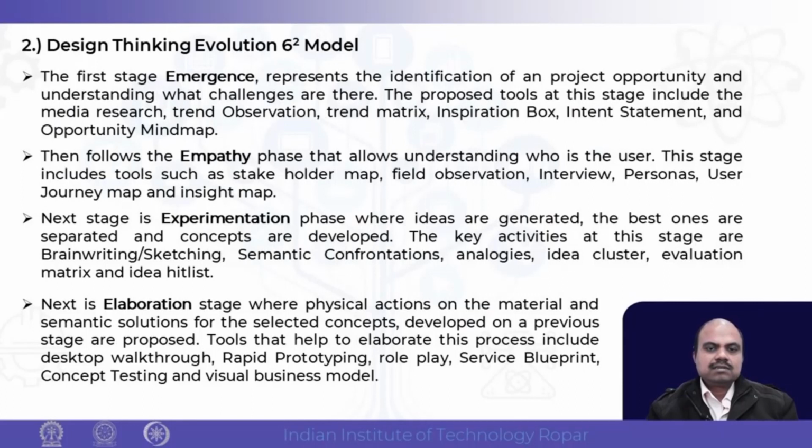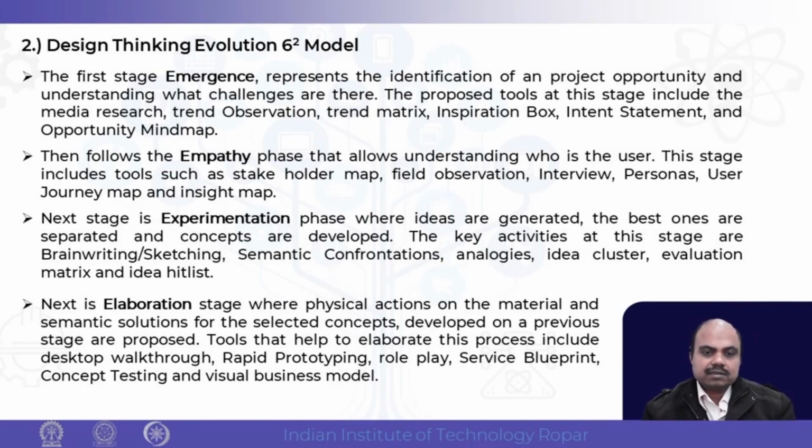The first stage is emergence, which represents the identification of a project opportunity and understanding what challenges are there. The proposed tools at this stage include media research, trend observation, trend metrics, inspiration box, intent statement, and opportunity mind map. Some of these we have already learned, especially the mind map.